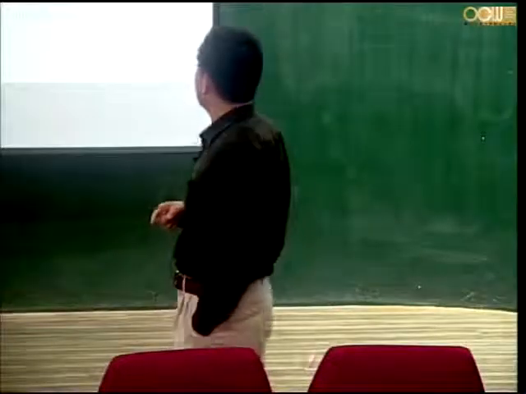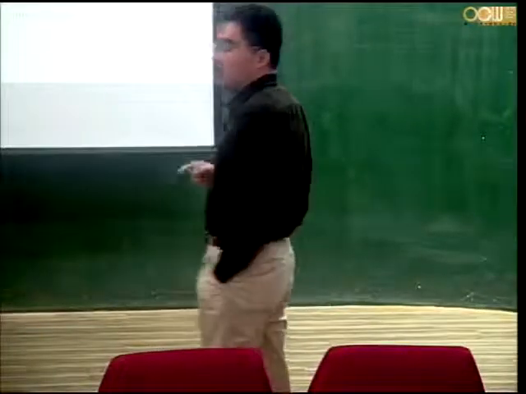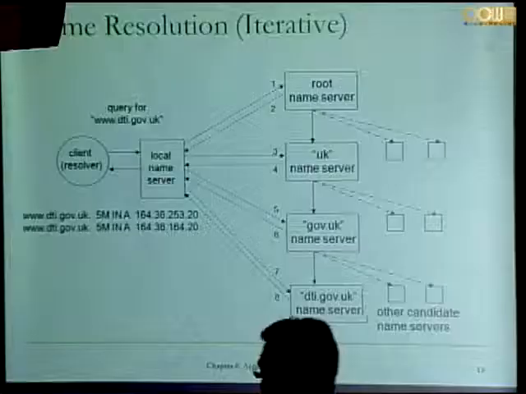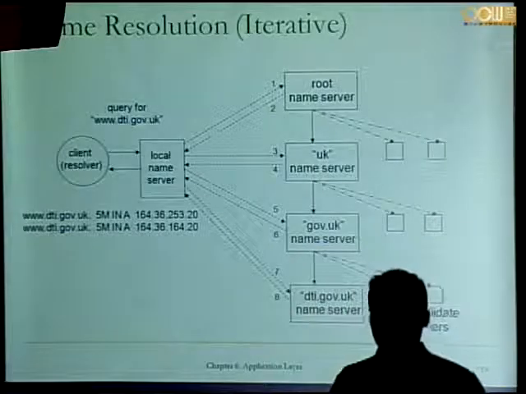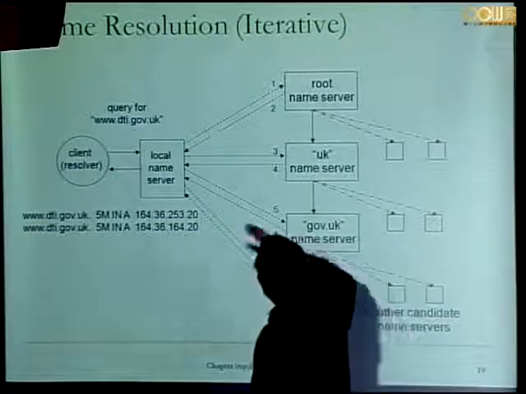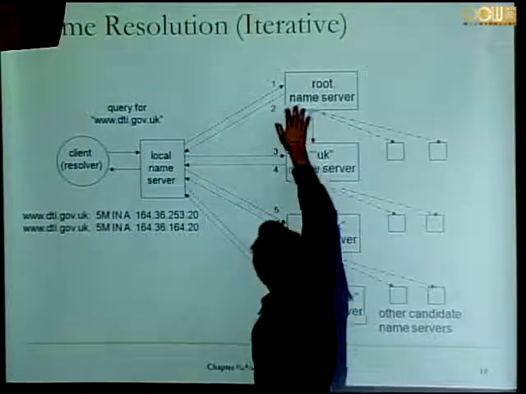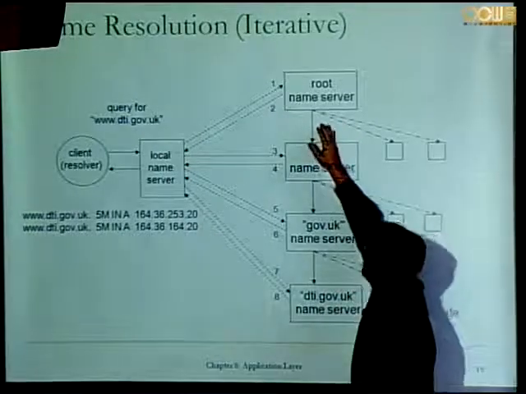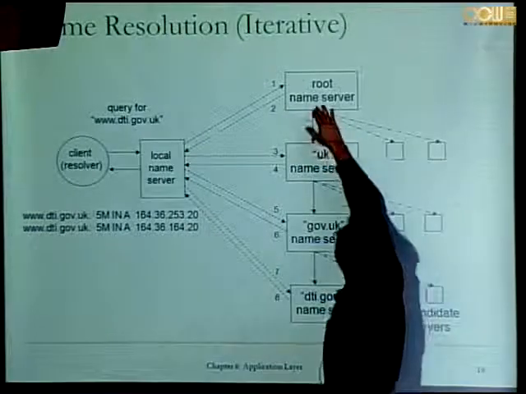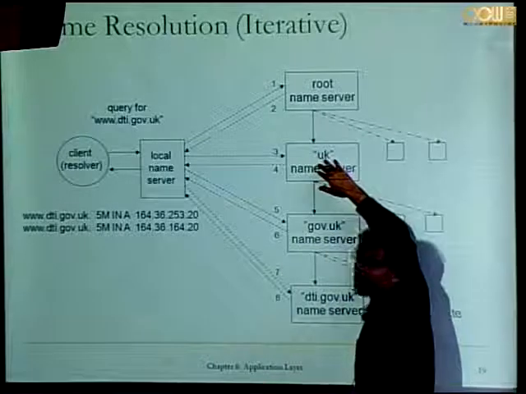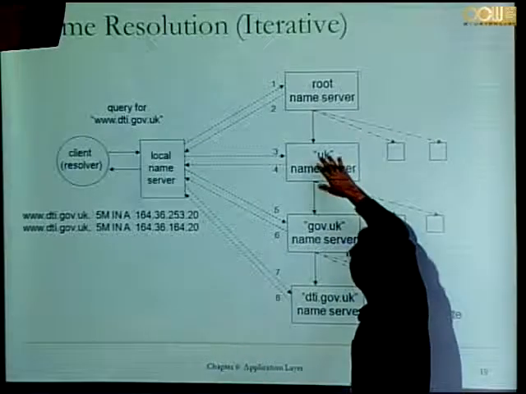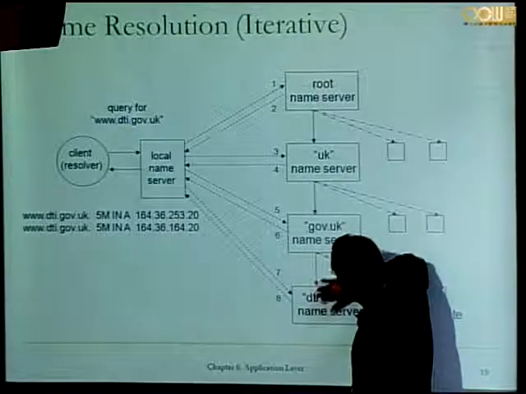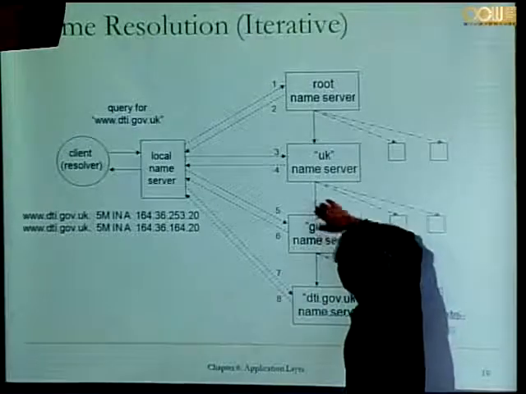Okay, and it's iterative. What if it's recursive? If it's recursive, the query flow wouldn't be like this. It would be like this. I ask the local name server, the local name server asks the root name server, and then the root name server will ask this name server, and then this will ask this, and then it asks this, and then the answer propagates back.